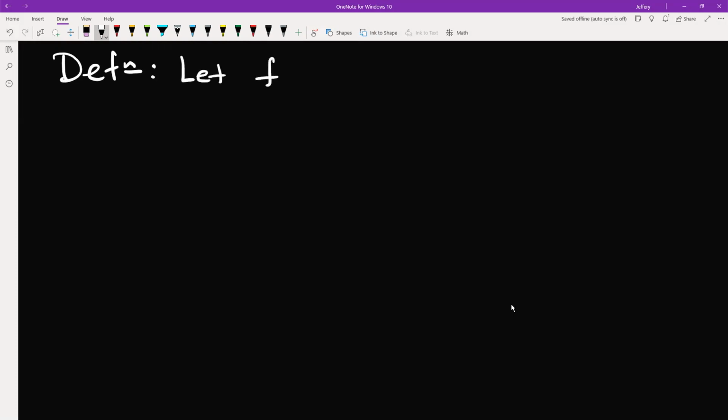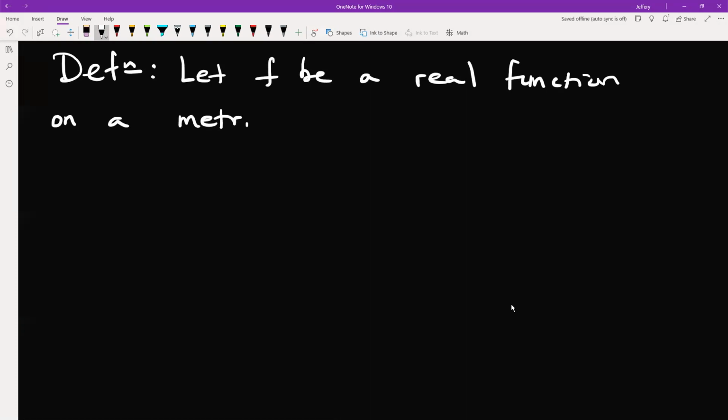So let f be a real function. And this time we're going to say that it's defined on a metric space. So f is a real function on a metric space. We'll call it x. Typically we would say that.